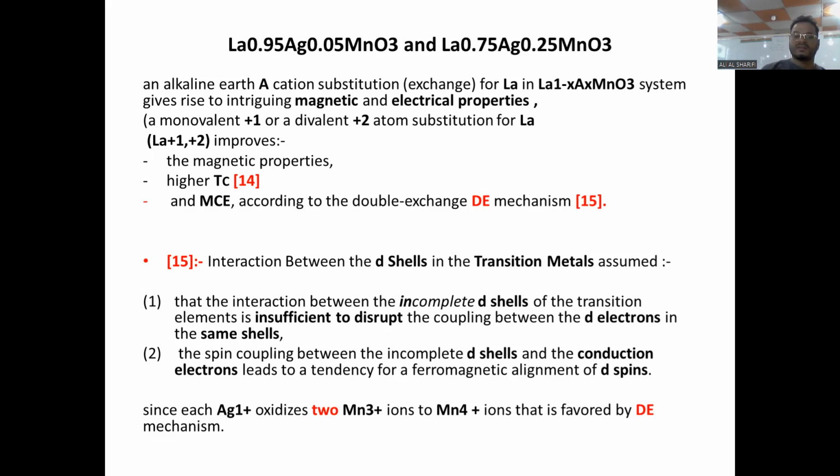These ions, like I said before, monovalent and divalent, are very important in double exchange, and we will talk about that. At source 15, the interaction between the d shells and the transition metals is assumed what?